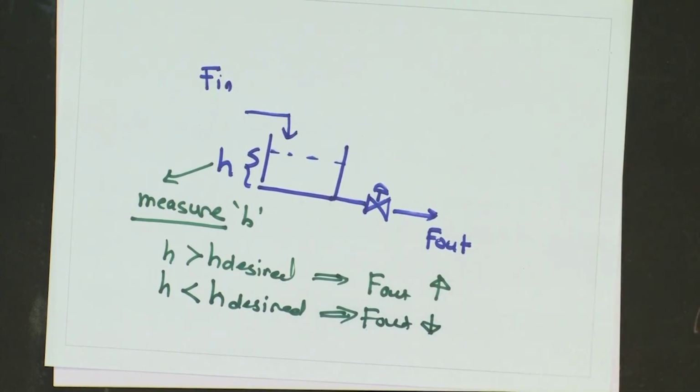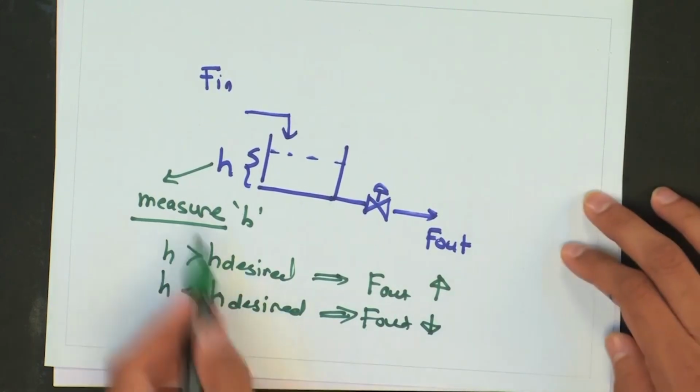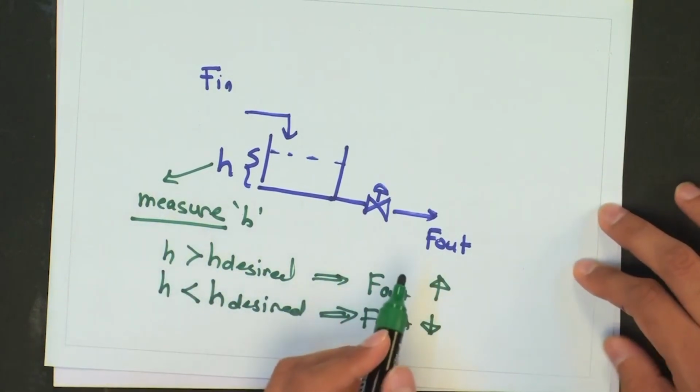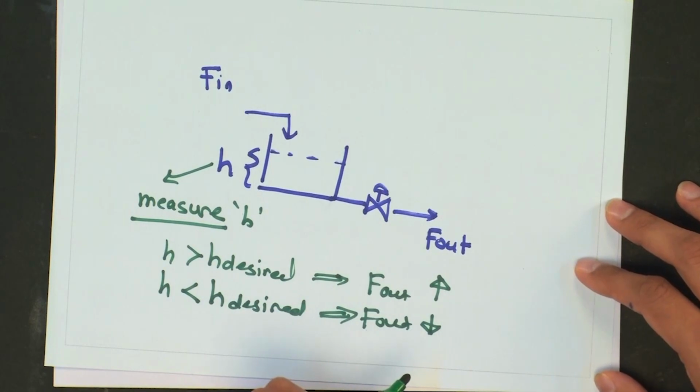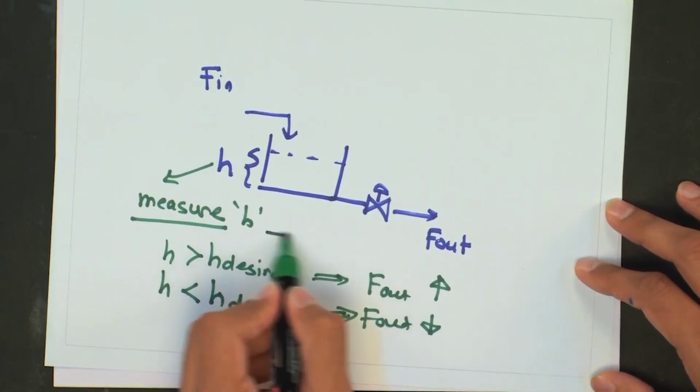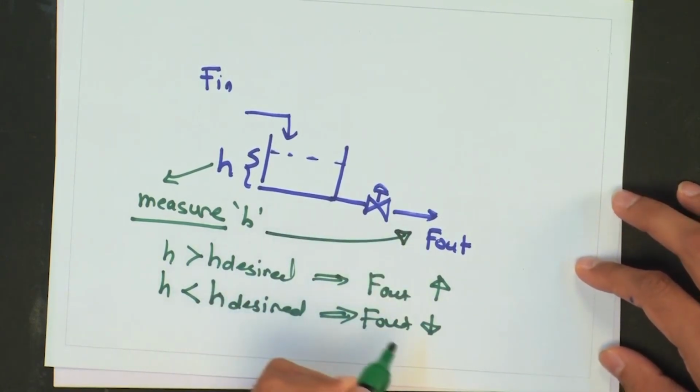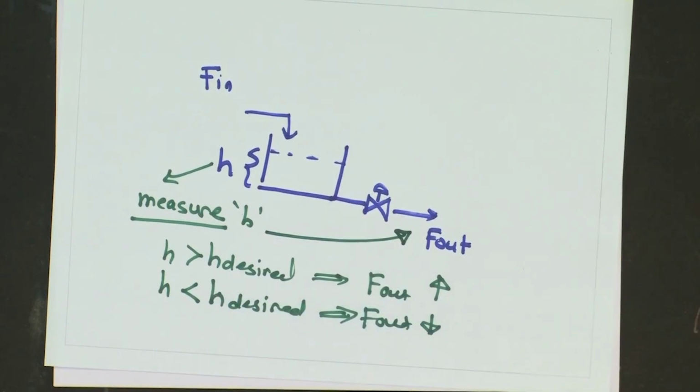So, this particular control strategy, what it does is it measures the instantaneous value of the controlled variable, and accordingly it changes the manipulated variable. This type of control strategy is known as a feedback control strategy.